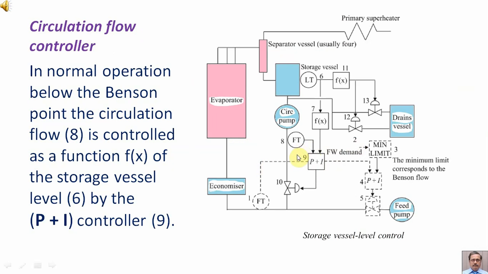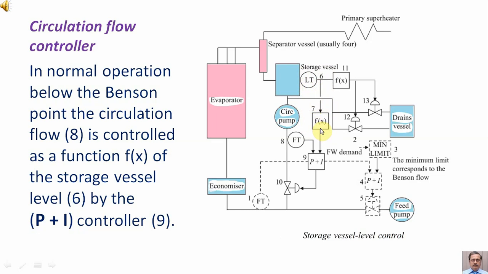Circulation flow controller. In normal operation, below the Benson point, the circulation flow transmitter is here, number 8. The circulation flow is controlled as a function of the storage vessel level. This is the level transmitter for storage vessel level, component number 6, and from here the signal is going to the function block generator.